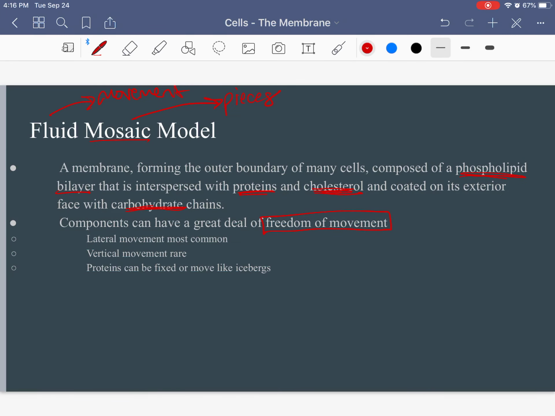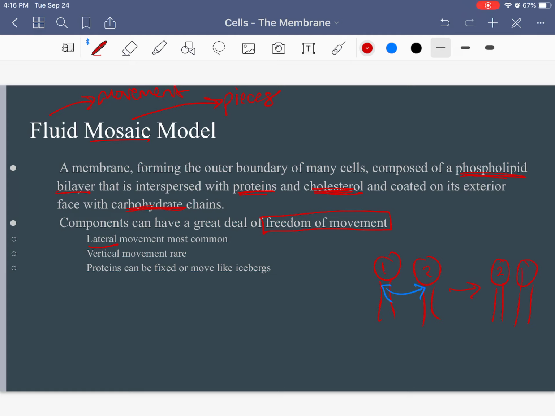Lateral movement is most common. So if you have phospholipids, sometimes they'll just do a little dance and flip sides. So this one, the first one and the second one will switch, so that results in 2 different arrangements.